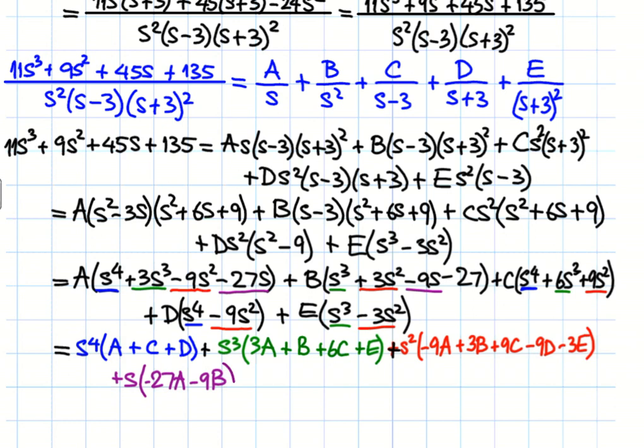So that's all we have. And then the only thing left here is just minus 27b. As we see, everything is underlined except for the negative 27b.